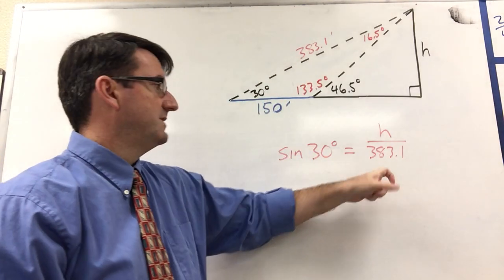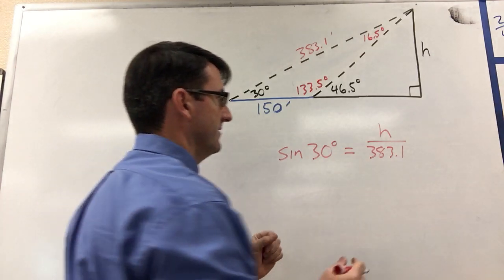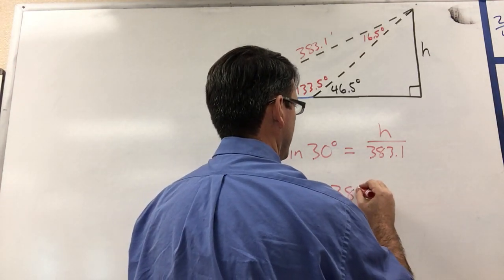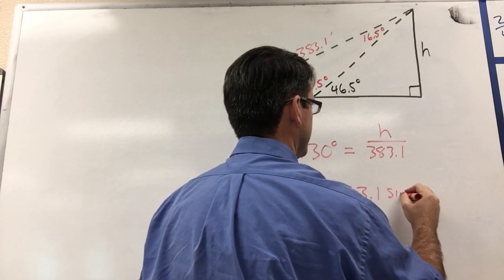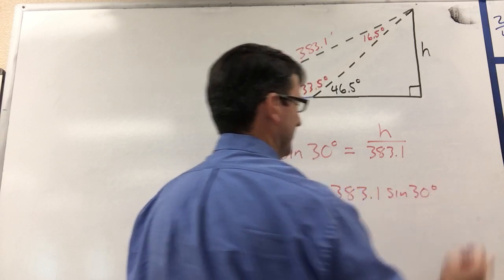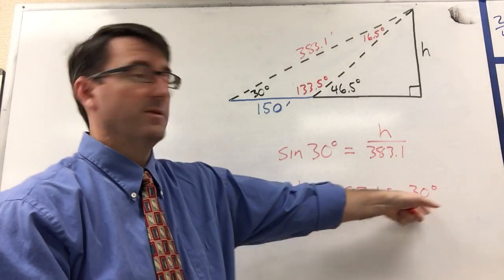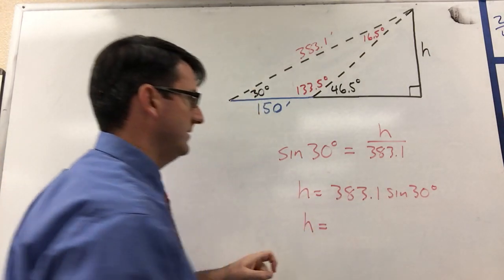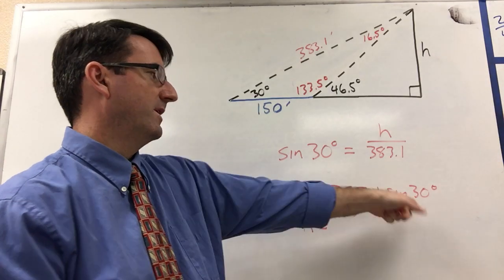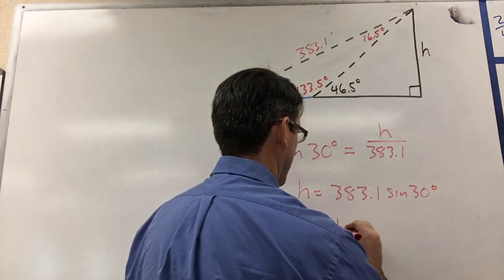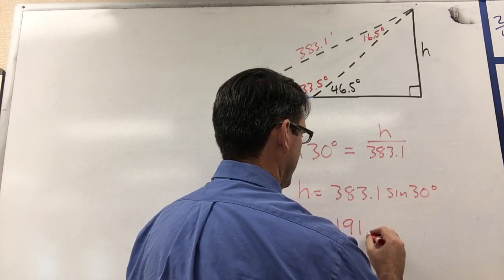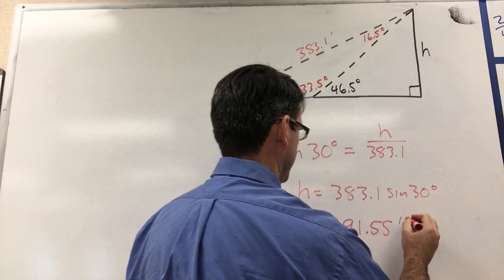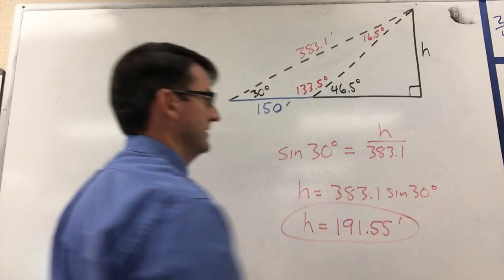To solve for h, we can multiply both sides by 383.1. So h is equal to 383.1 times the sine of 30 degrees. And we know that the sine of 30 degrees is 1/2. So h is going to equal 383.1 times 1/2, which is 191.55 feet. And that's going to be our answer.